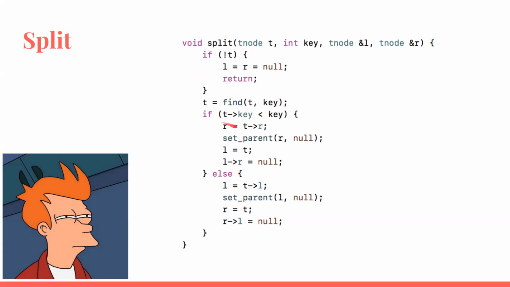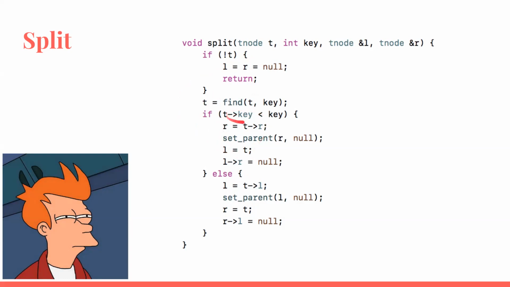And if this does not hold, if it is not true, then our vertex in T is a key or greater than our key. If key does exist in our tree, we will find it.